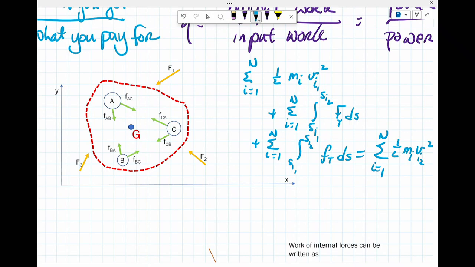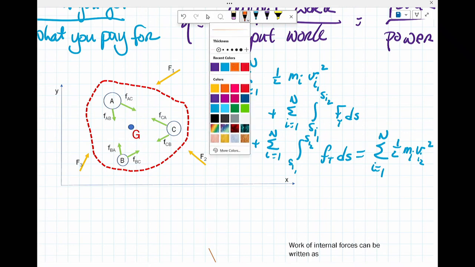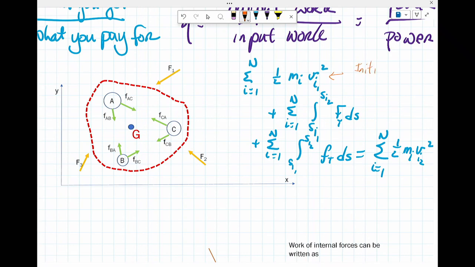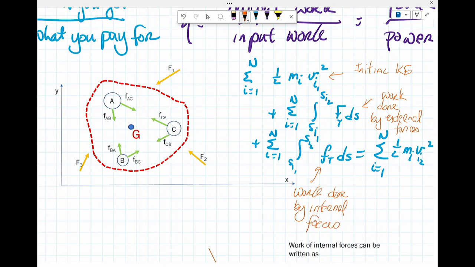So the initial kinetic energy of all particles, plus work done by external forces, plus work done by internal forces, equals the final kinetic energy of the system.